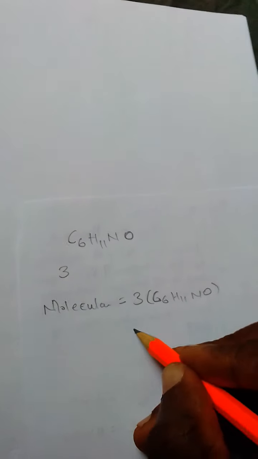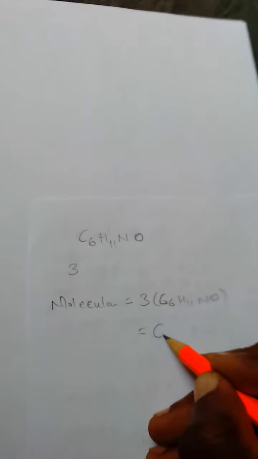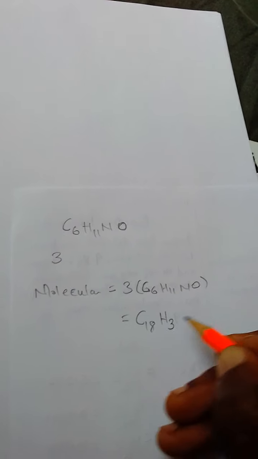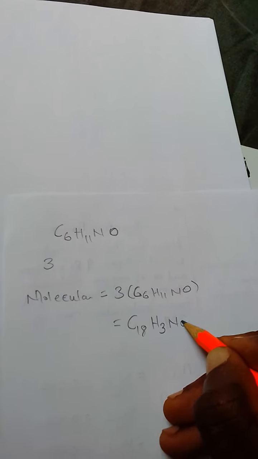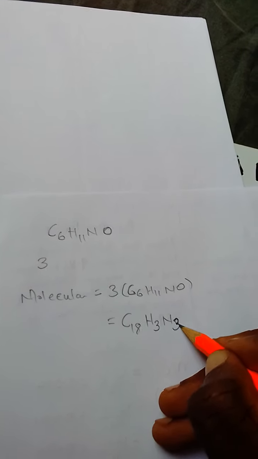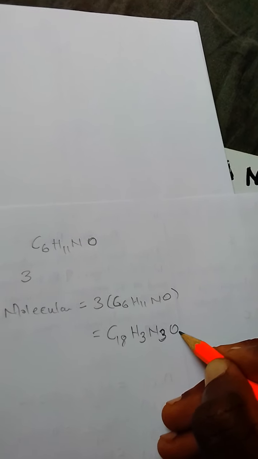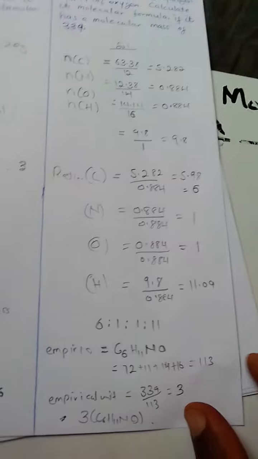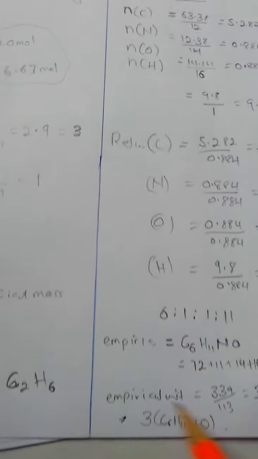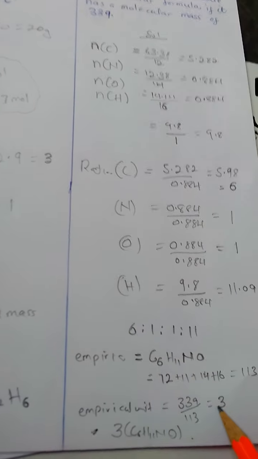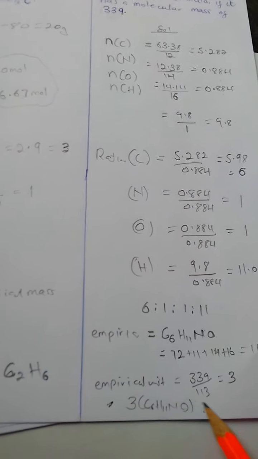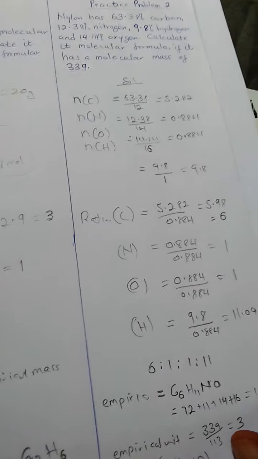So this is basically C18H33N3O3. That's how it goes. Having got the empirical unit, you multiply the empirical formula by the empirical unit, 3. That will give you the final molecular formula.